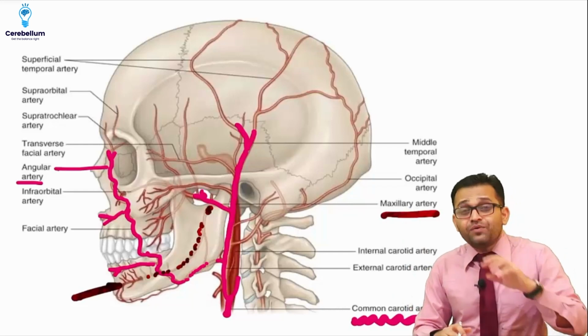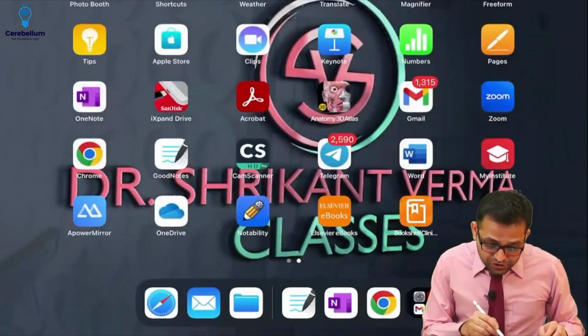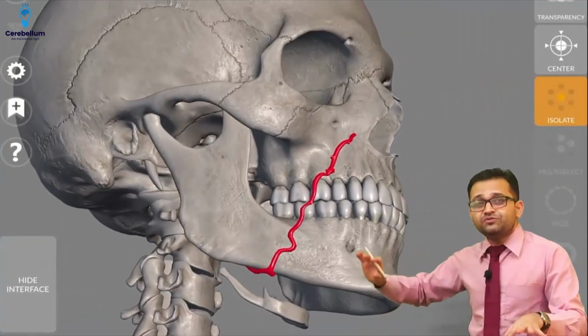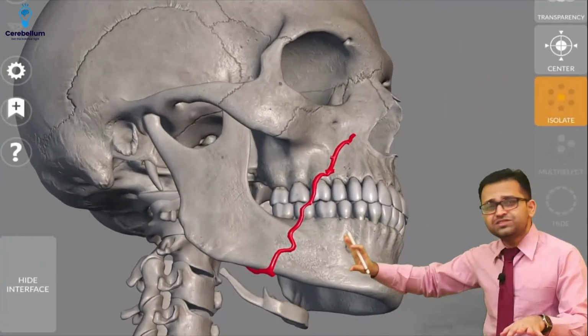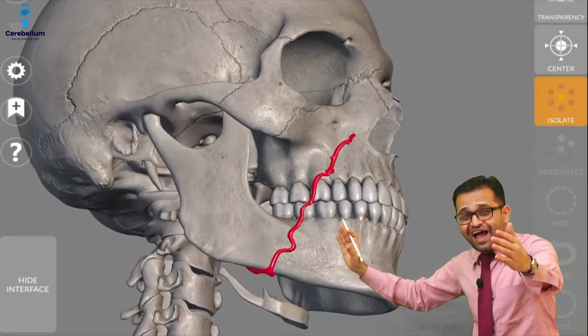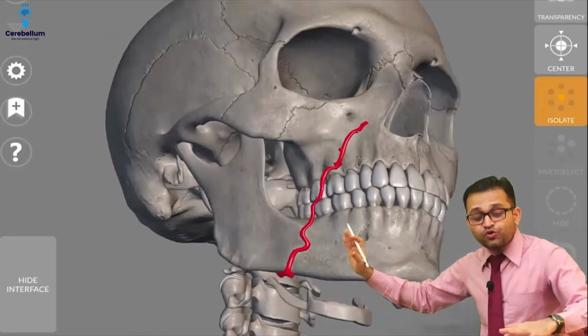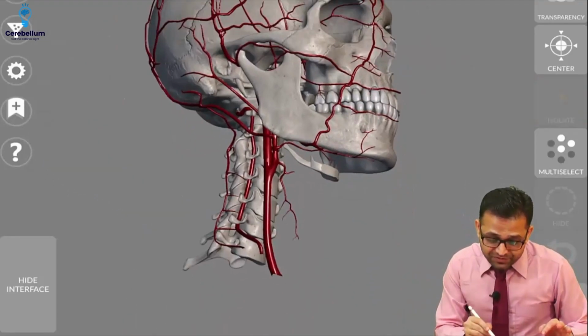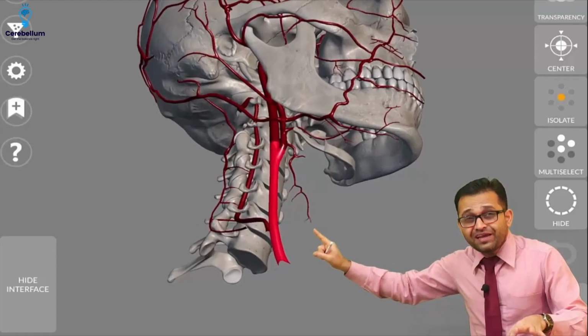Let's see the three-dimensional orientation also, so that you can catch all these points easily. Can you see this beautiful three-dimensional image? Just like Iron Man, just like Tony Stark, rotate it and feel it. This is our common carotid artery.